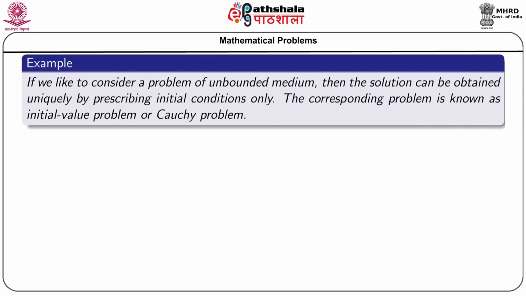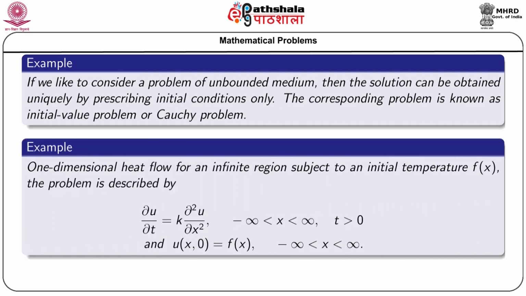Now, if the problem is in an unbounded medium, then we cannot define any boundary conditions, and the equation is to be solved together with the initial condition. So, that type of problem is called an initial value problem or Cauchy problem. This is one example of an initial value problem.